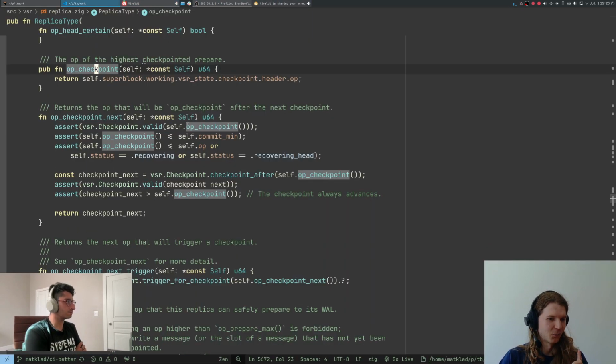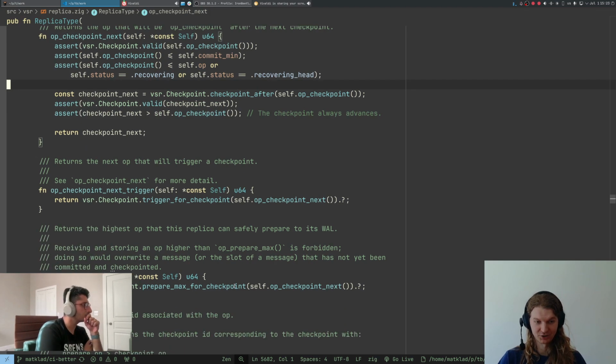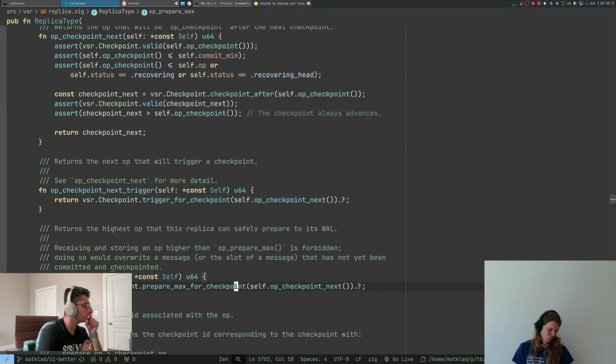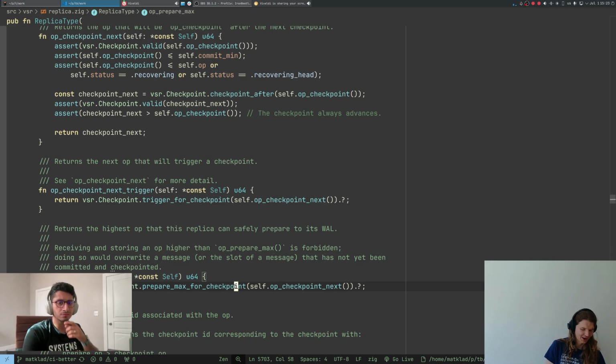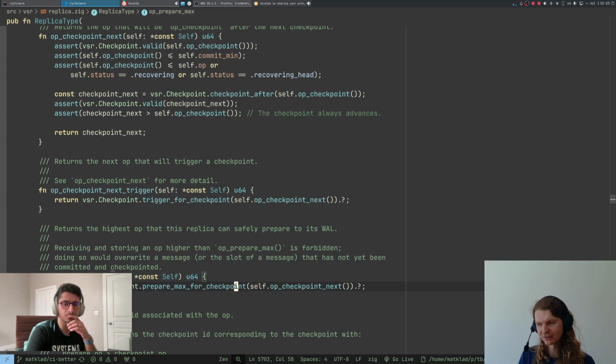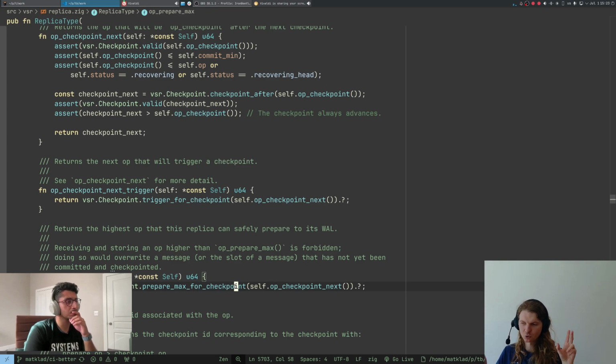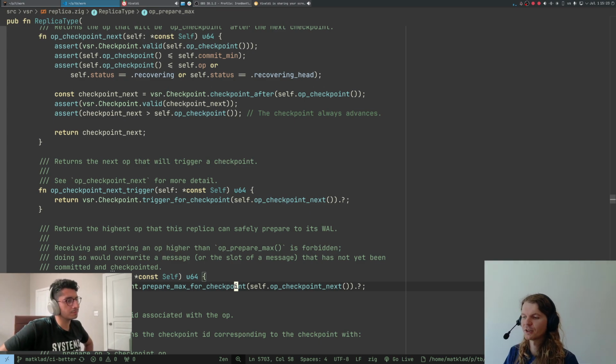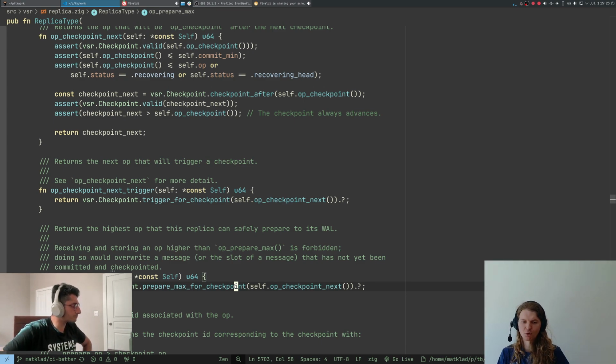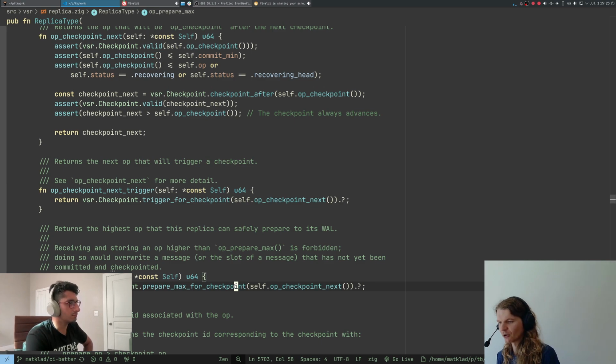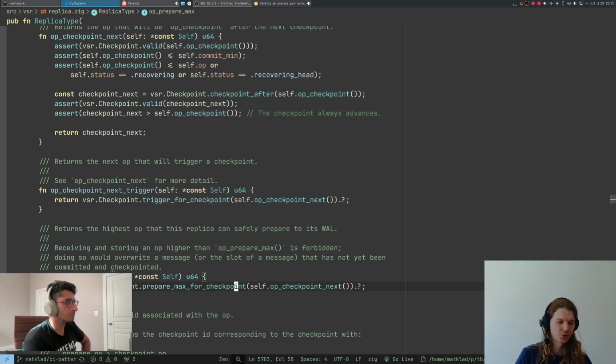Then we have op prepare max, which is a relatively recent addition. Before op prepare max, the logic was that when a replica reaches checkpoint, it halts and waits until checkpoint is done before preparing any new prepares on top of it. Which means that the checkpoint is a latency spike in our latency graph.